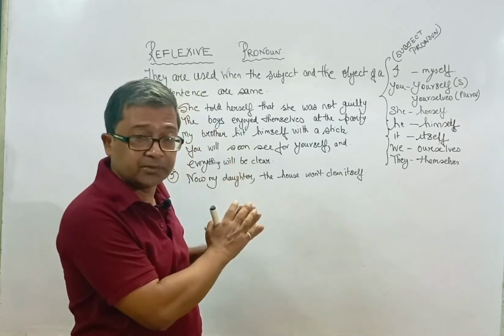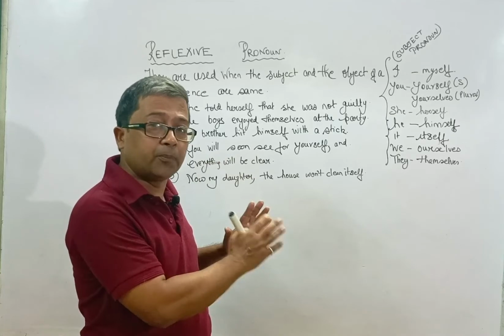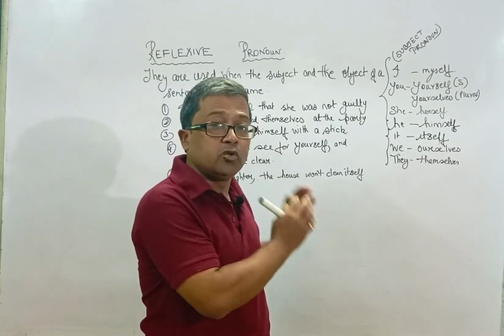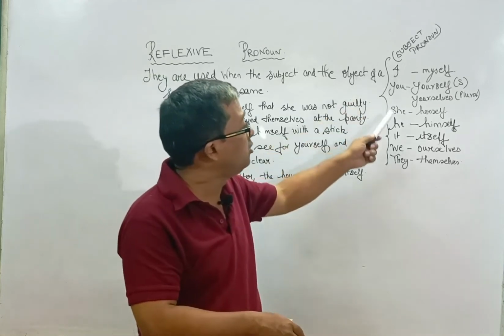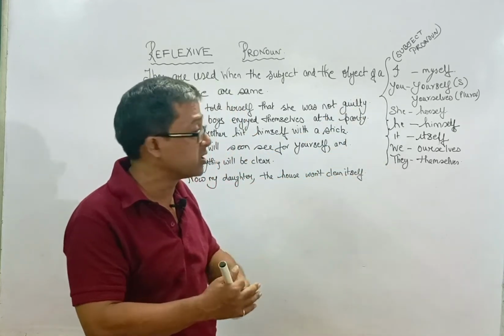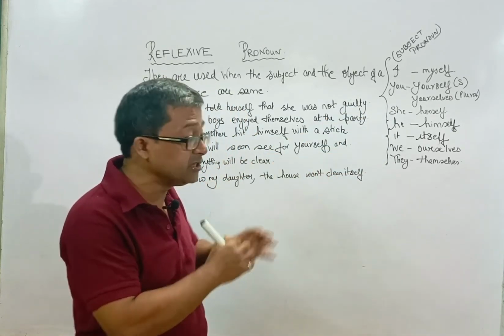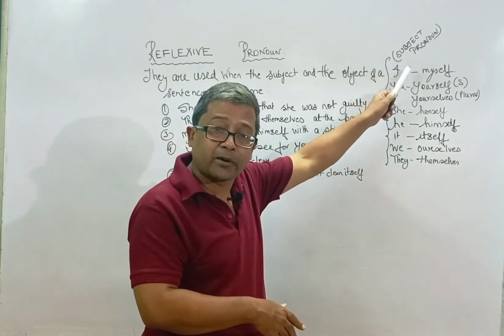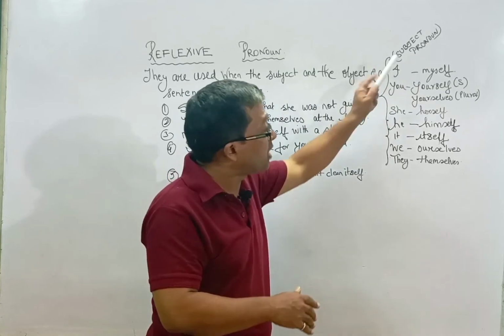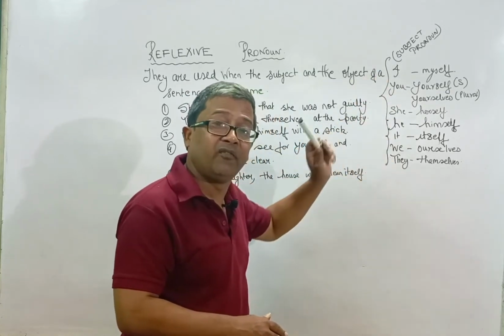Why do we call it subject pronoun? We call it subject pronoun because it is used at the beginning of the sentence. This is very important. We don't use I, you, she, he at the end of the sentence. We use it in the beginning of the sentence instead of a noun. So that's why it's called subject pronoun. And these are all corresponding reflexive pronouns.